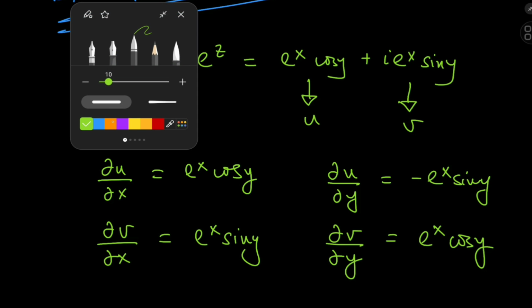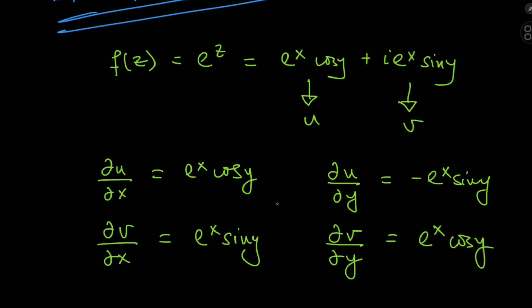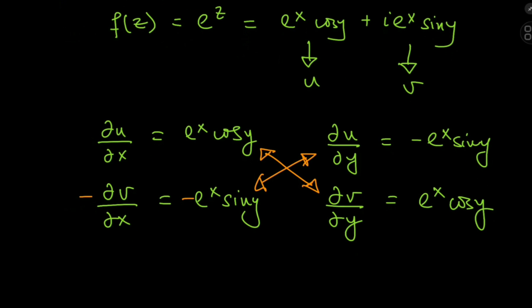So now that we have this array of data, we see that these two derivatives are equal, and if you add a negative sign, then these two derivatives are equal as well, and the CR equations are satisfied. Also, we see that all the partial derivatives are just products of exponential and trig functions. So yeah, they're nice and continuous, meaning that f of z is indeed analytic.